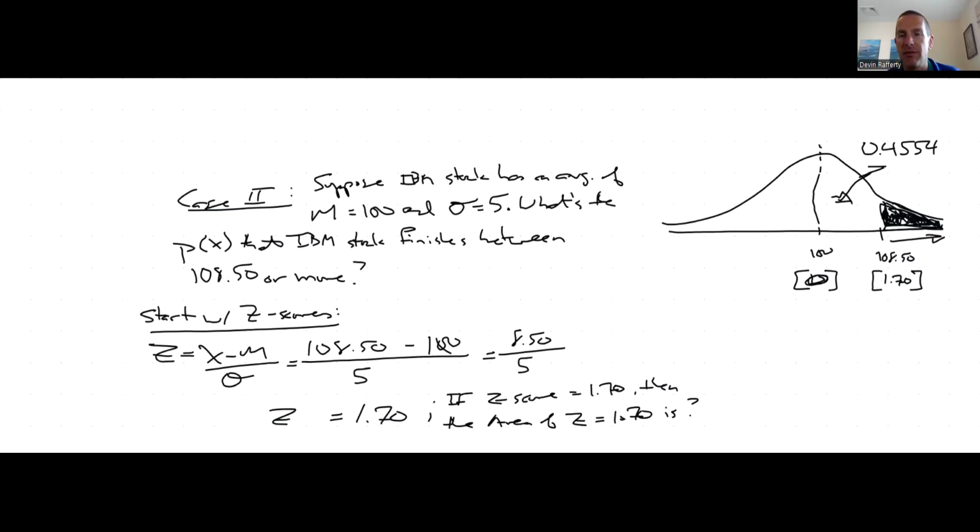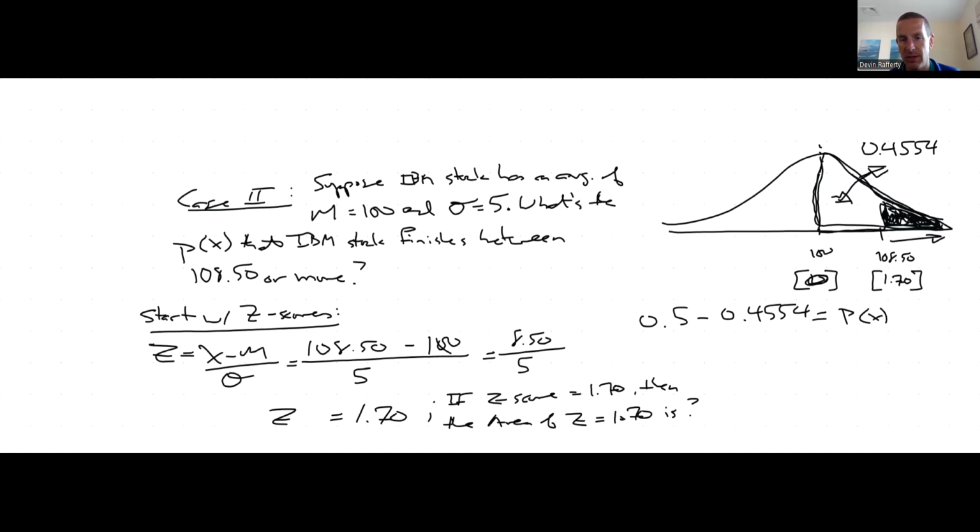Well, if this white region is 0.4554, and this whole thing right here is 0.5, I could just do 0.5 minus 0.4554. That would give me the probability.